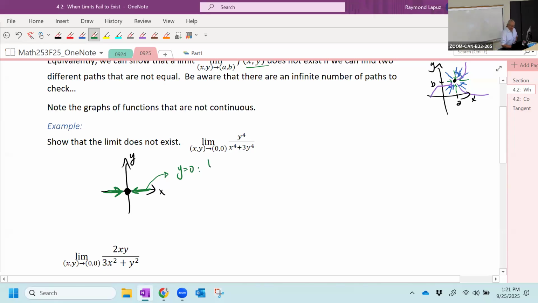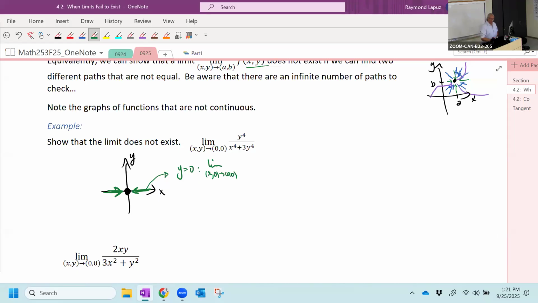So I'm going to take my limit. Now, my y is going to be 0, so I don't really need to put that there. I could initially, just to make it clear, but I'm going to stop doing this pretty soon. So wherever I see a y, I'm going to go ahead and put 0 in there.